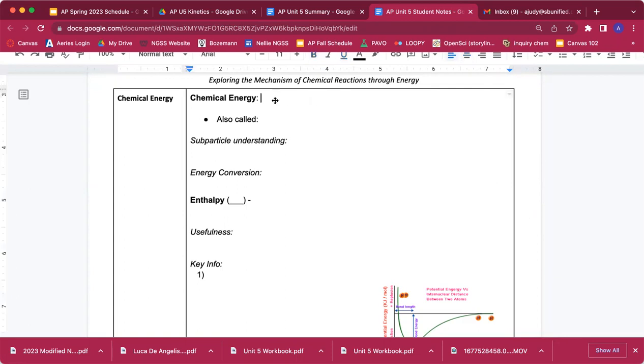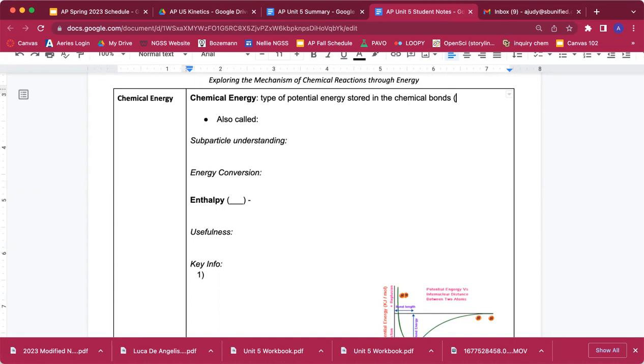First and foremost, chemical energy is understood as a type of potential energy stored in the chemical bonds. Potential energy is energy due to the position or placement of your particles or object.